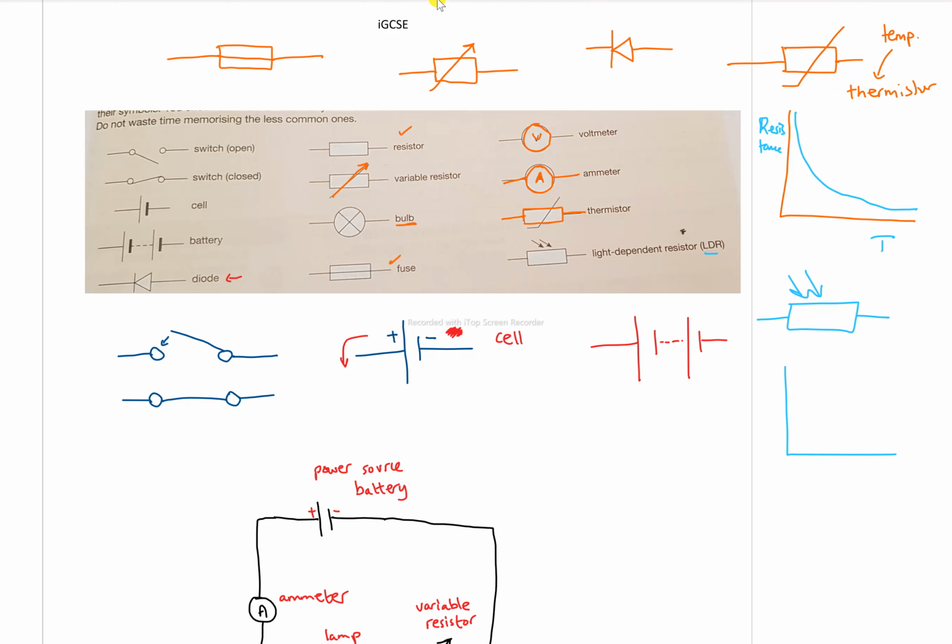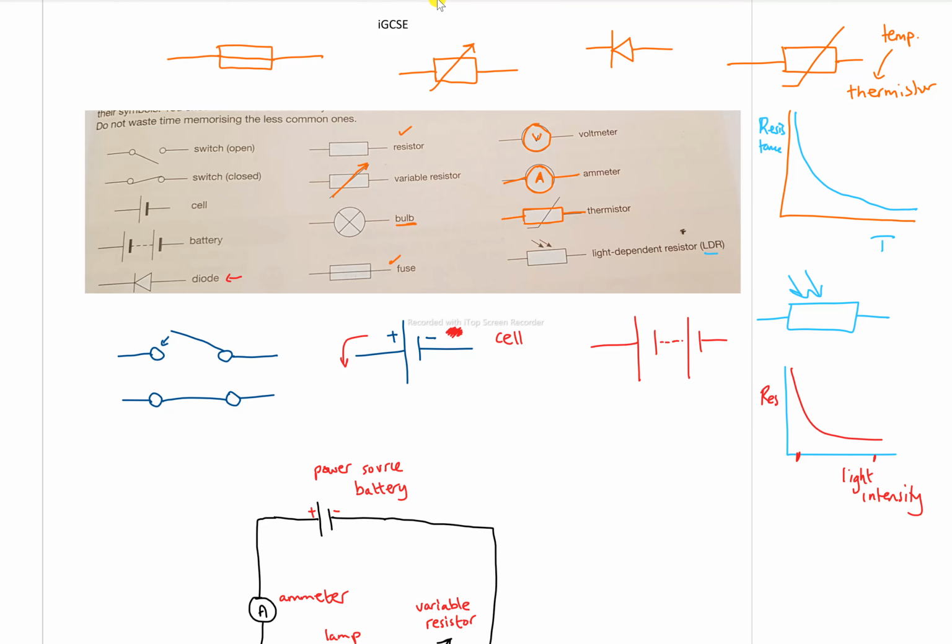So you've got resistance here, and you've got light intensity here. So when it's dark, you have high resistance.